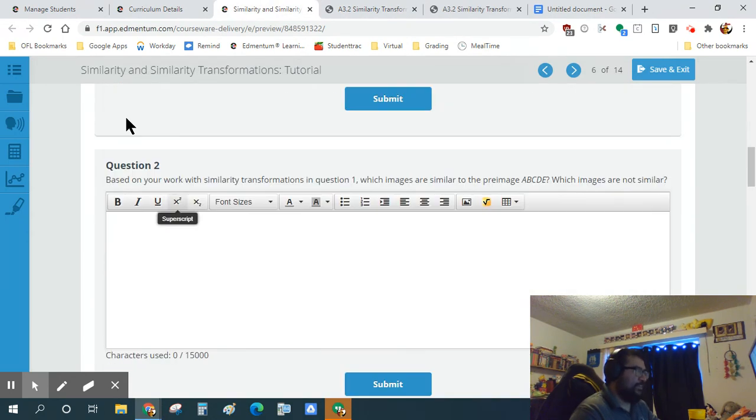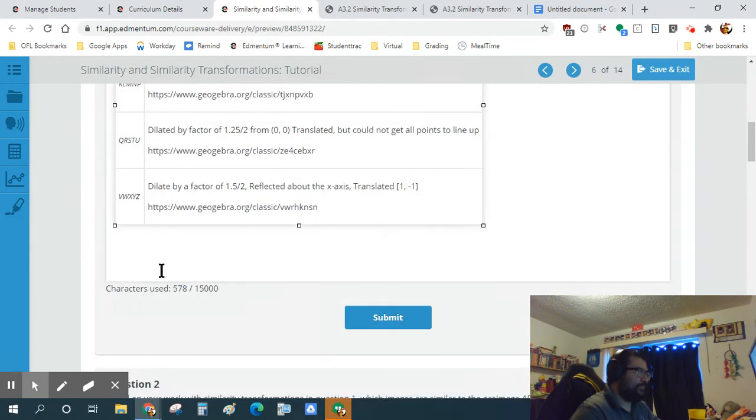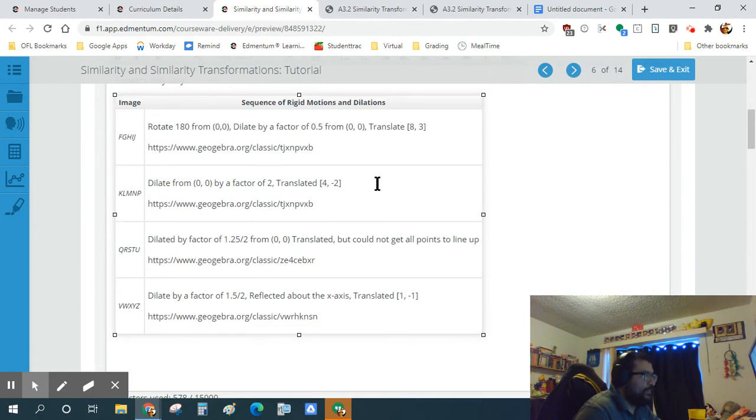All right. So now it's going to be based on your work with similar transformations of question 1, which images are similar? All of the images are similar except, what was it?